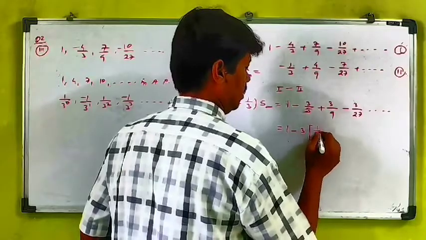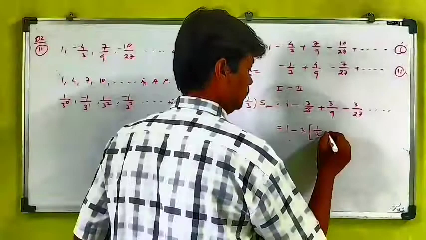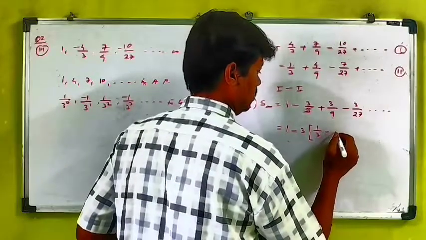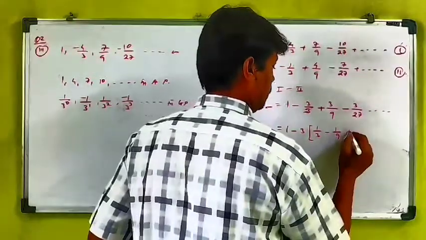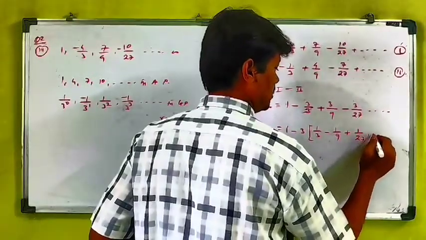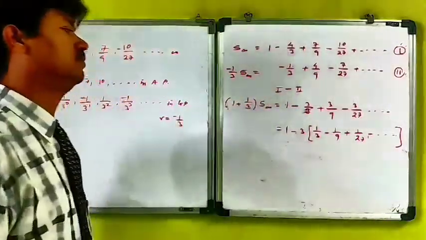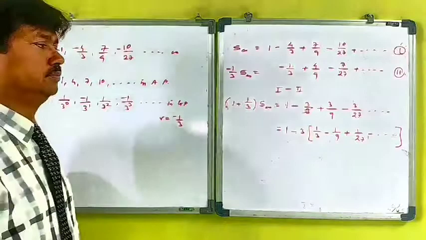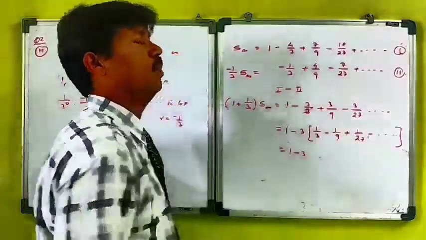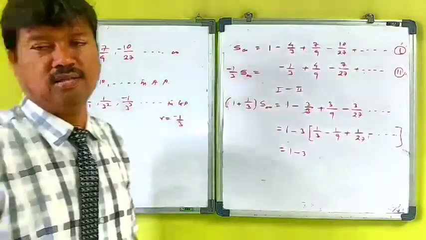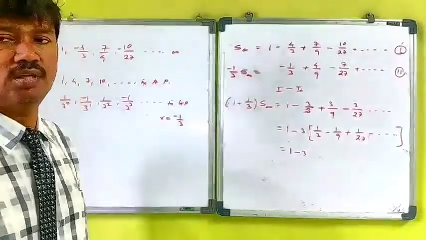So this becomes 1 upon 3, then minus 1 upon 9 plus 1 upon 27, minus like this. So that is there. So we take minus 3 common. So this is nothing but 1 minus 3. This is the sum of, again, an infinite series with 1 upon 3 as a common ratio. Minus 1 upon 3 is the common ratio.